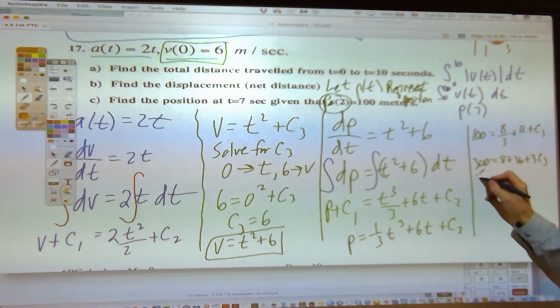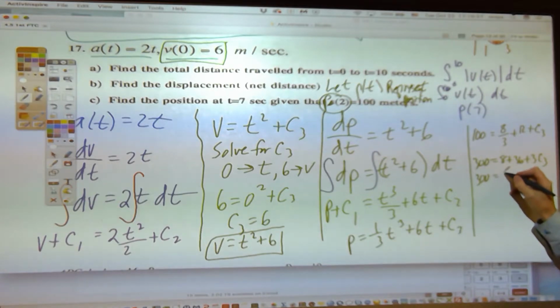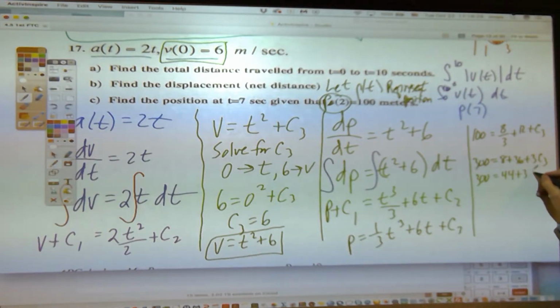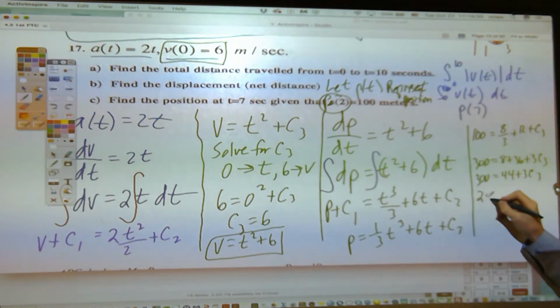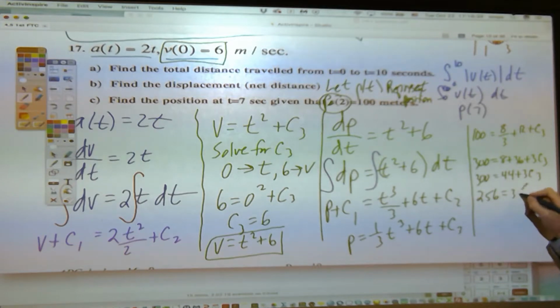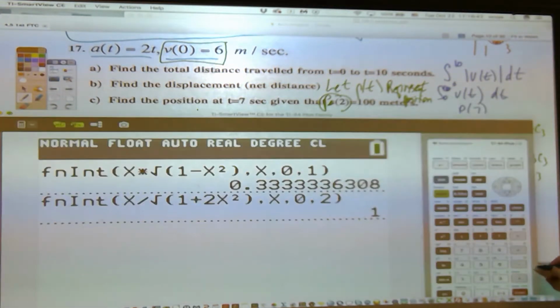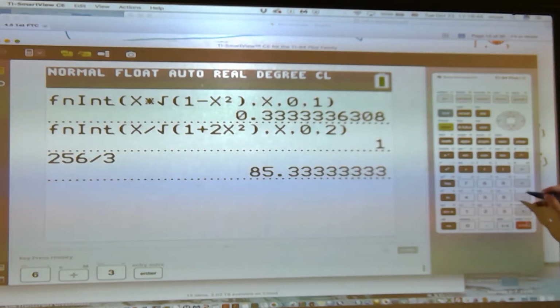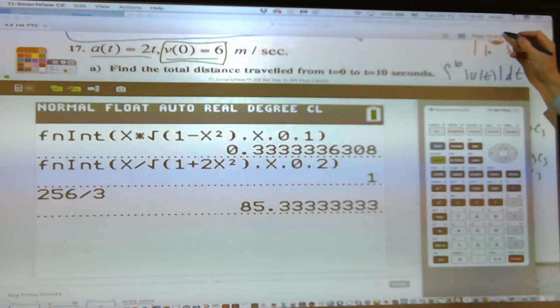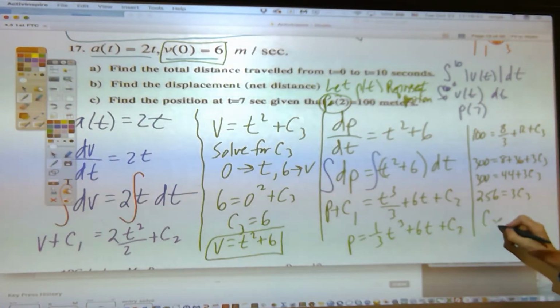And simplifying, I get 300 equals 44 plus 3C3. When I subtract 44 from both sides, I get 256 equals 3C3. 256 divided by 3 is 85 1/3.